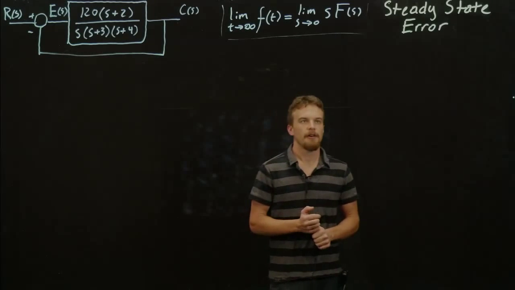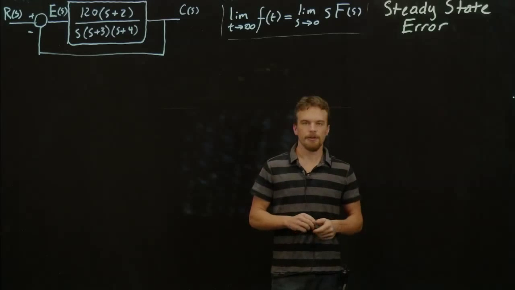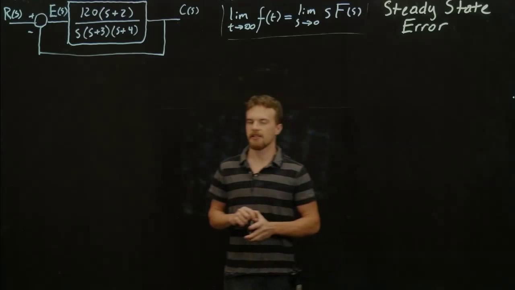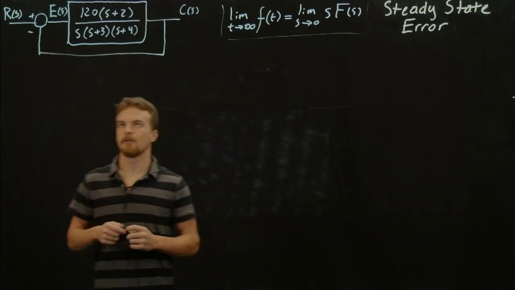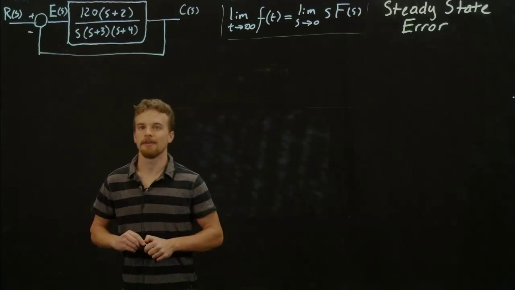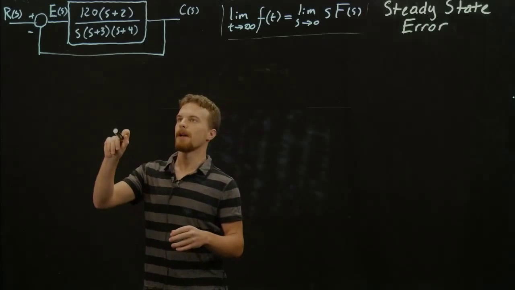Today I'm going to make a video that's applicable to your systems analysis class, and it's about steady state error. This is kind of an arbitrary system we came up with, but it's a reasonable system to have.